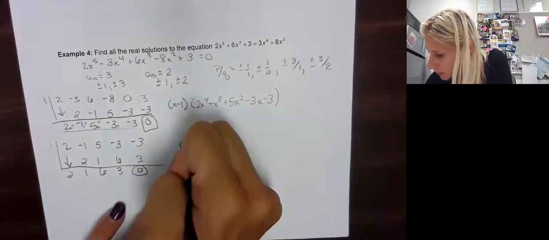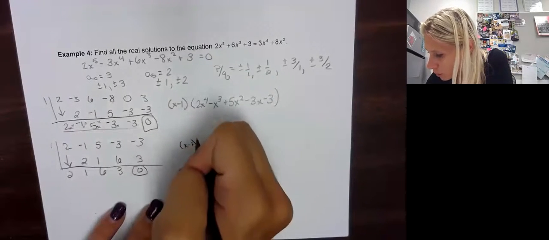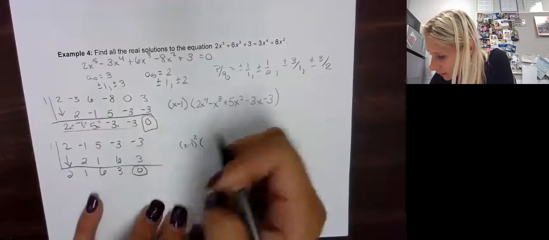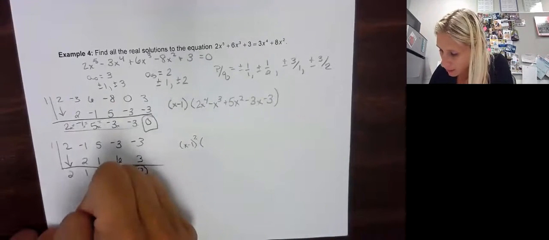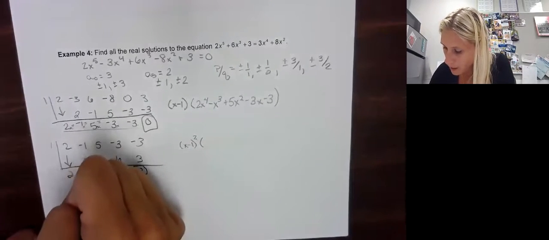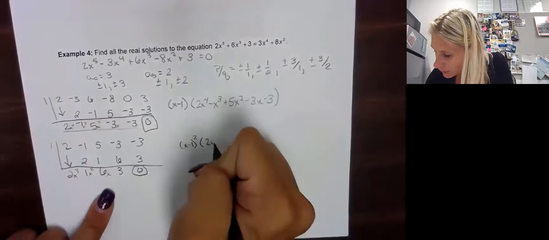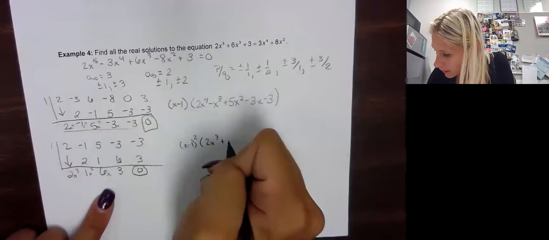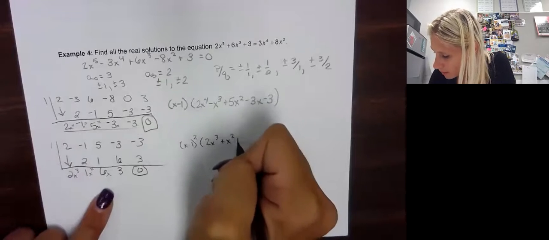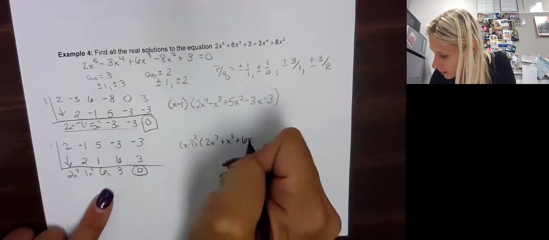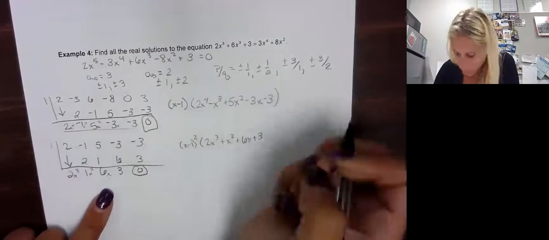So there are actually 2 of these, leaving, let's see, constant, x, x squared, x cubed. So I get 2x cubed plus x squared plus 6x plus 3.